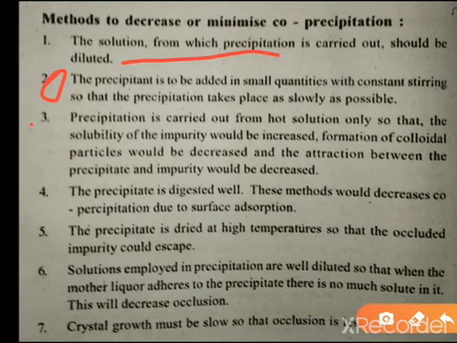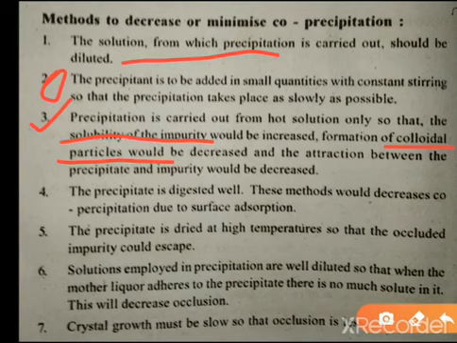Then the third one is that the precipitation is carried out from hot solution only. So the solubility of the impurity increases, and the formation of colloidal particles decreases. If the solubility of the impurity increases, it will not be included with the precipitation. And the colloidal particle formation also decreases.